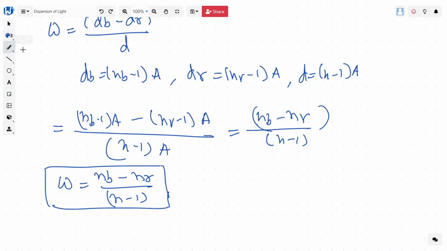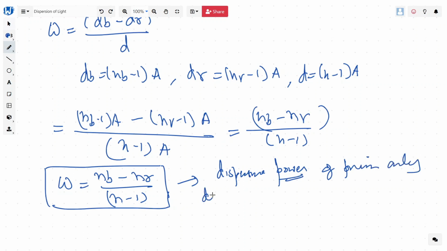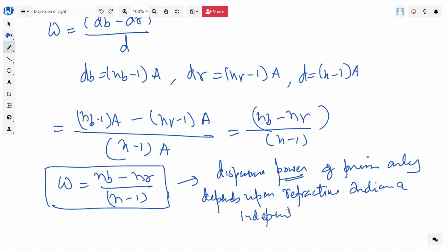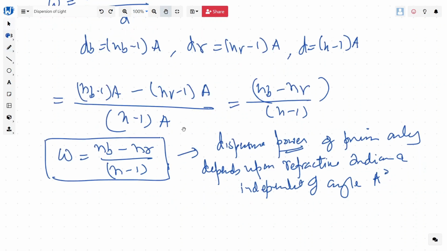It doesn't depend upon A. Okay, so this dispersive power of a prism is independent of A. Now we'll also note that this dispersive power is a ratio, right? So it has no units.